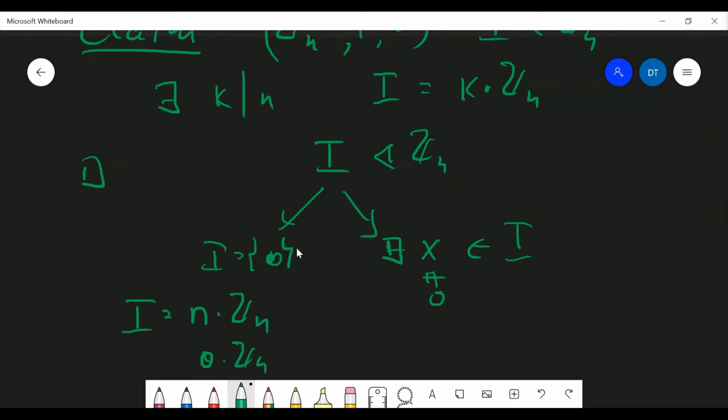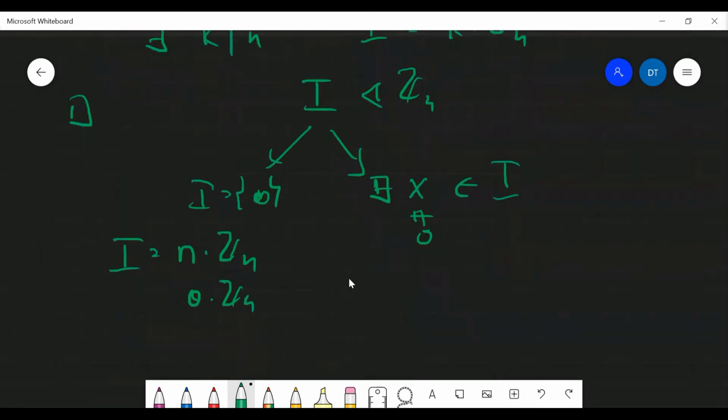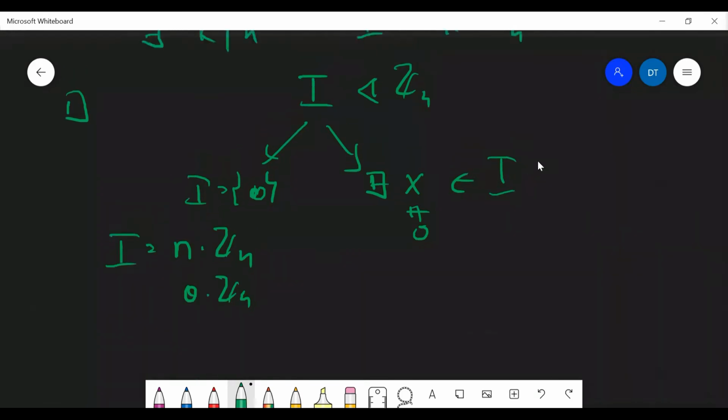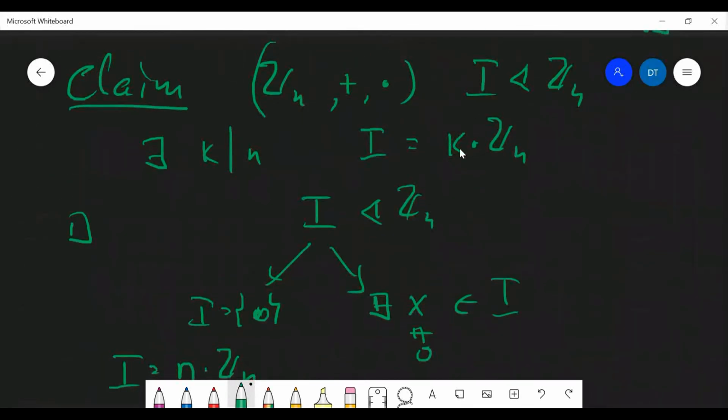So it's just the same. So the claim is true. And if we have a non-zero x inside I, we want to show that in this case, I is of this form for some non-zero k dividing n.